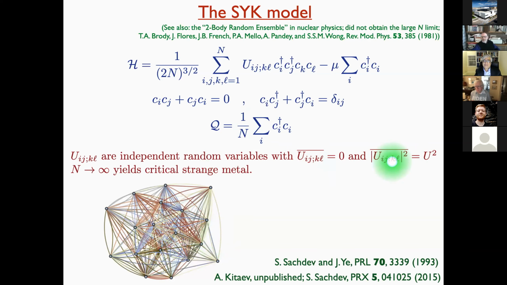Other questions? Maybe I have one more question. How close do you think we are to understanding high temperature superconductivity? Are we getting there? Yeah, I would say so. It depends what you mean by understand.